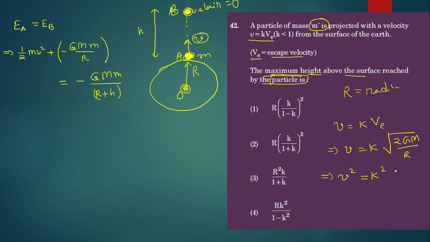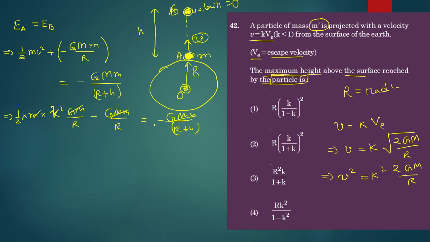So if I square it, it will be equal to twice GM divided by R. Now what I will do is put this value here. So half into m multiplied by k square 2GM divided by R minus GMm divided by R equal to minus GMm divided by R plus h. So this GMm will be cancelled. This half and 2 will cancel as well.